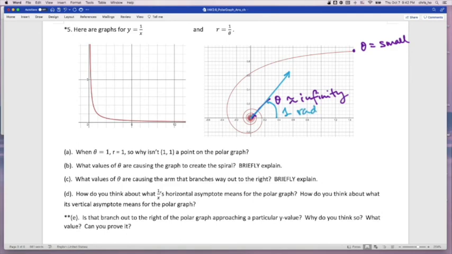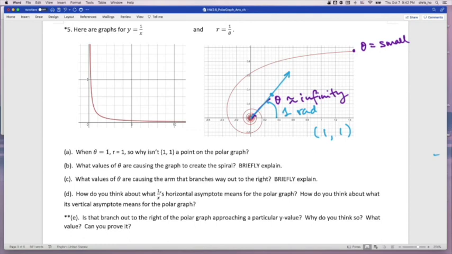And r is equal to 1, so the radius of 1. So it's going to be somewhere over here, probably. Let's say that is 1 unit. But that doesn't correspond to anything close to the point (1, 1) on the xy plane.